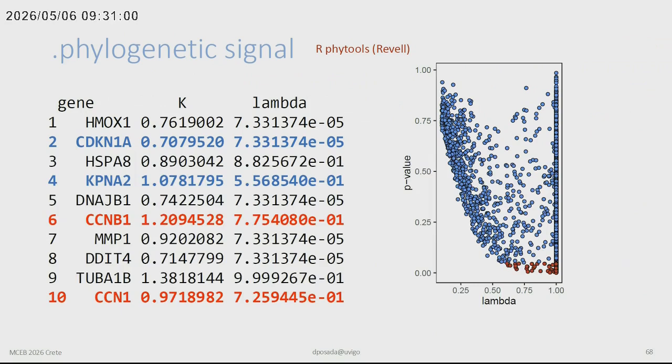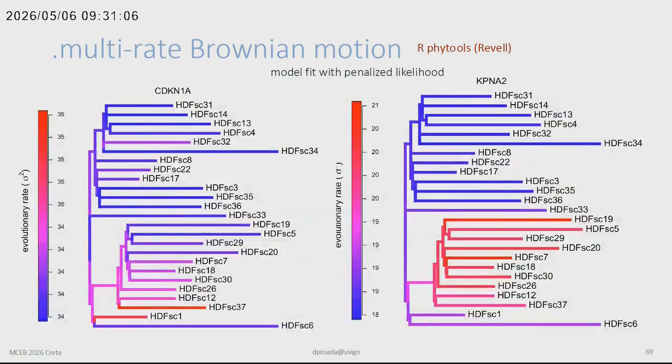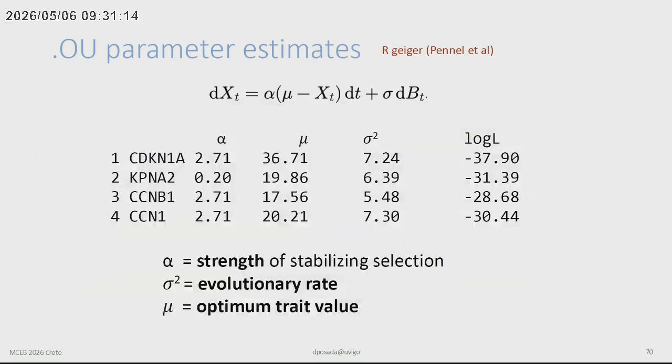So in cancer, they will throw away all these genes, and I think many of these are the most interesting, like this one. Right? We can fit multi-rate Brownian motions and see changes in the Brownian motion. And we can fit the OU, or Ornstein-Uhlenbeck models, and estimate the strength of selection for some genes.